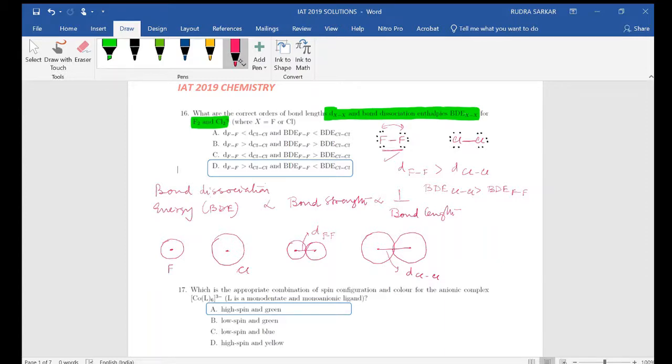But such repulsion between the chlorine atoms is not so big or heavy, because these two chlorine atoms to begin with are lying at a higher distance. So that means our answer over here is going to be D.